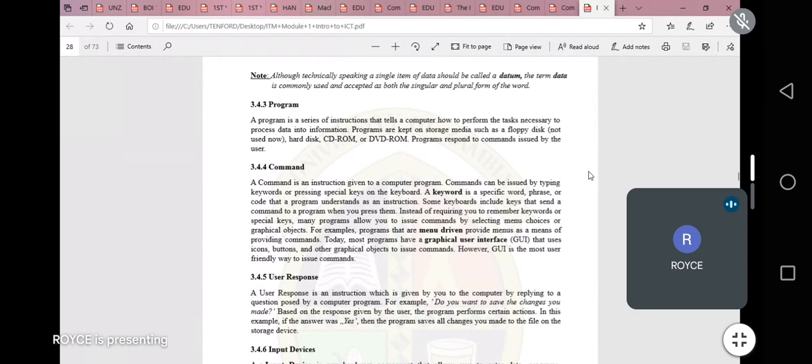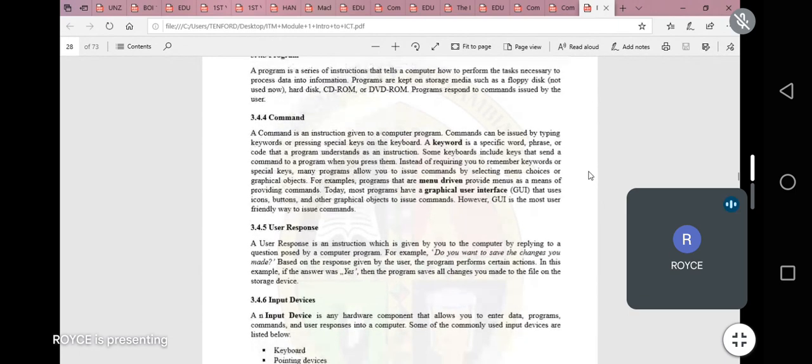A program, or software, is the code that programmers write. It gives instructions to a computer. You can keep it on a CD-ROM, a DVD-ROM, a floppy disk, or a flash drive. Then you insert it into your computer and run it.